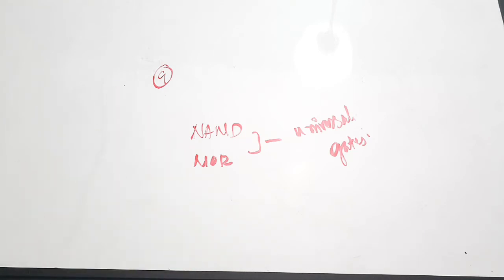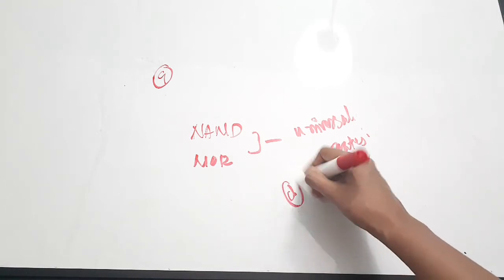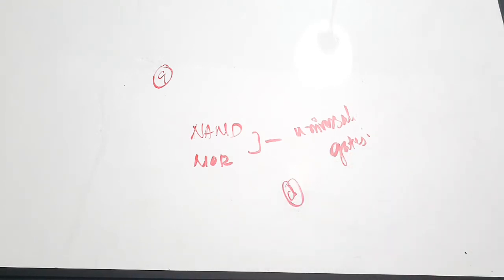So they are called universal gates and hence the answer is option D, NAND and NOR operations. Yes, by doing NAND and NOR operations, we can realize all logical operations. So correct answer is option D.